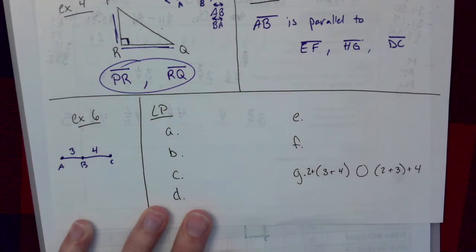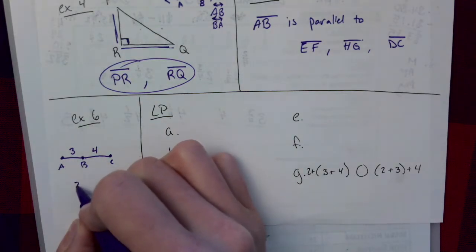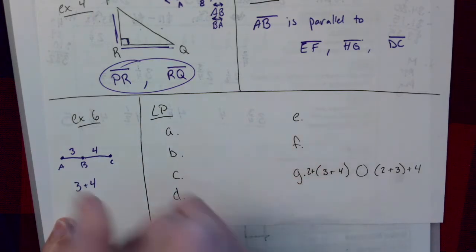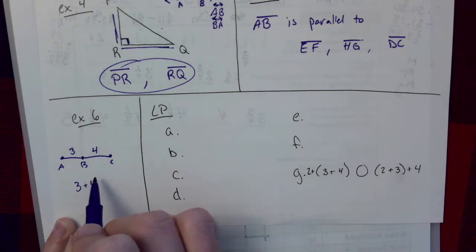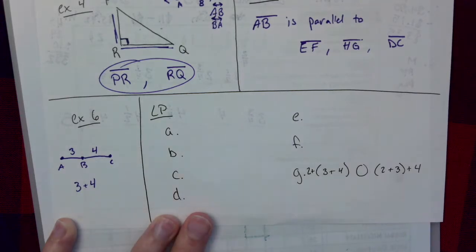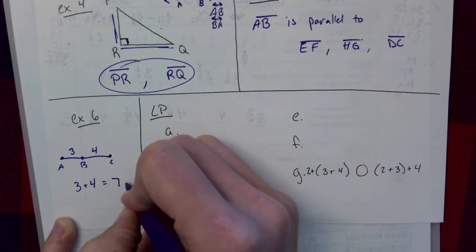So what's the length of AC? Well, we'll just add them together. We'll do 3 plus 4. Three plus 4, and we get 7 centimeters.